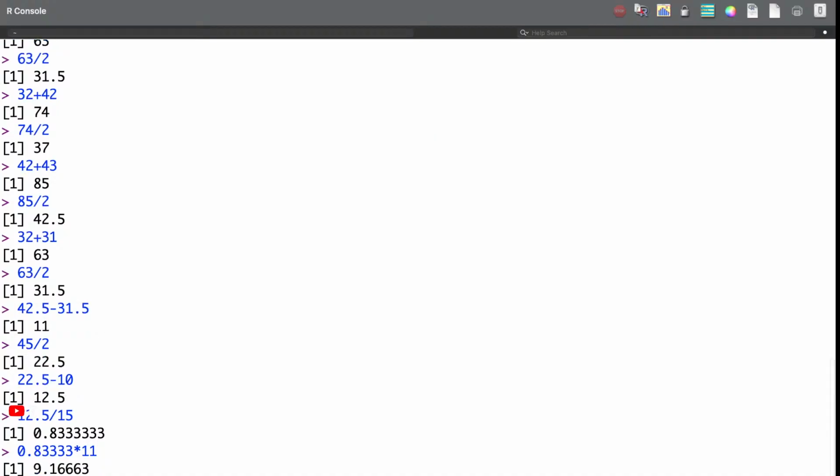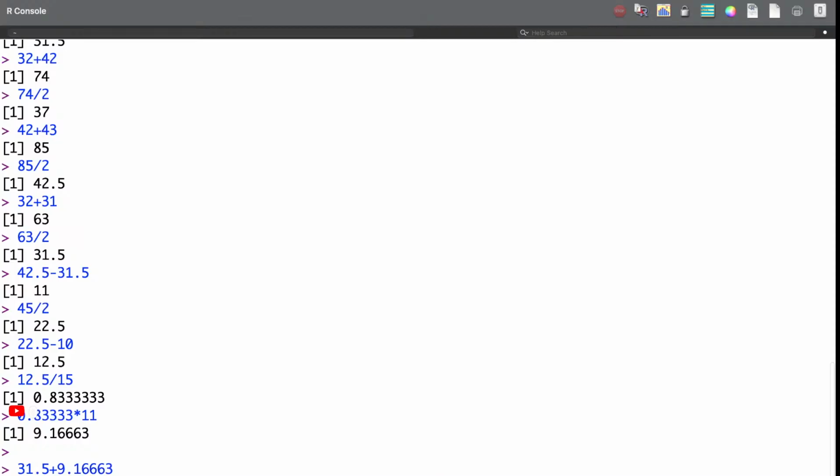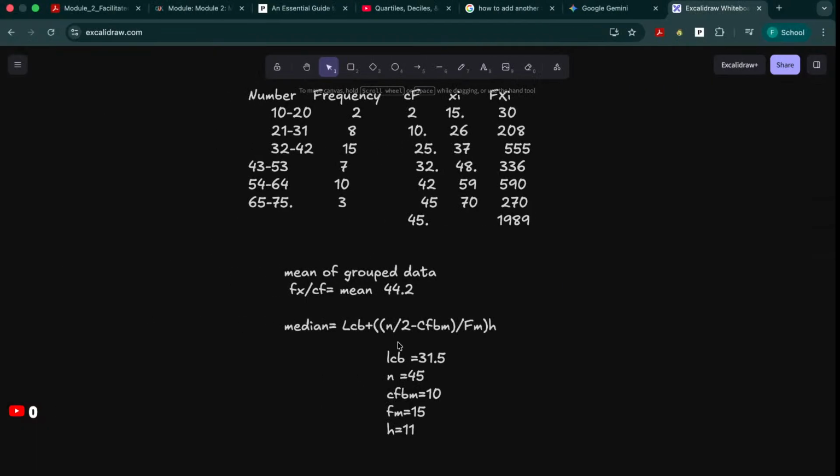Then we add the lower class boundary plus 9.1663. We get our answer is 40.663. This now is what we call the median.